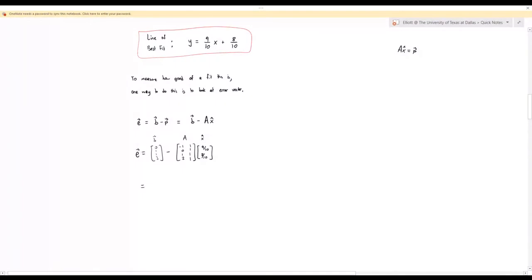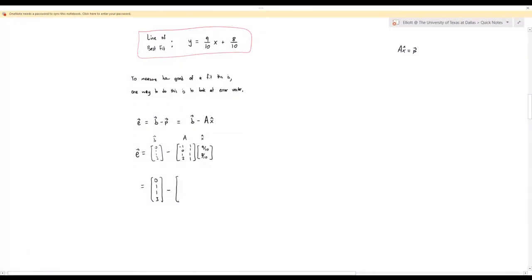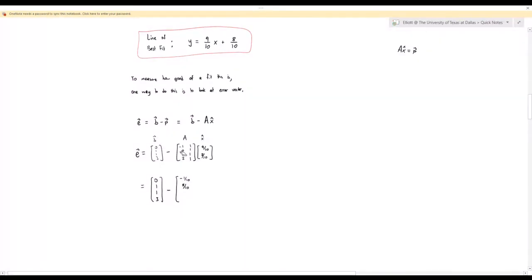Let's see what the error vector ends up being. First I will multiply out A times x hat. For the first entry, we had negative 1 times 9/10, so that's negative 9/10 plus 8/10, which is negative 1/10. Then we get 0 plus 8/10.